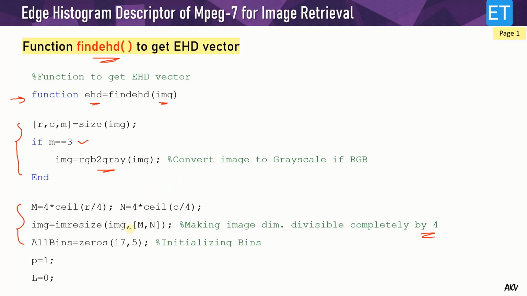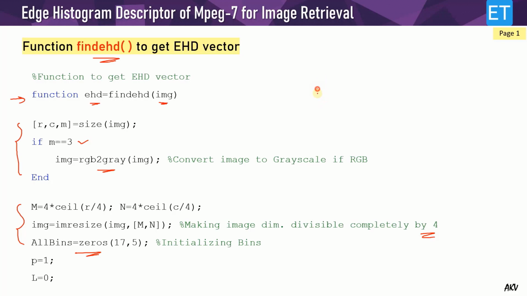So we are just stretching it to make it completely divisible by 4, because we have to divide the image into 16 4 by 4 blocks. And here we are initializing allBins having 17 rows and 5 columns. Why?